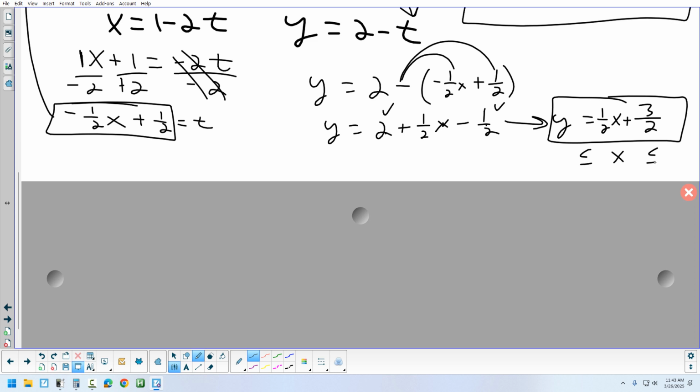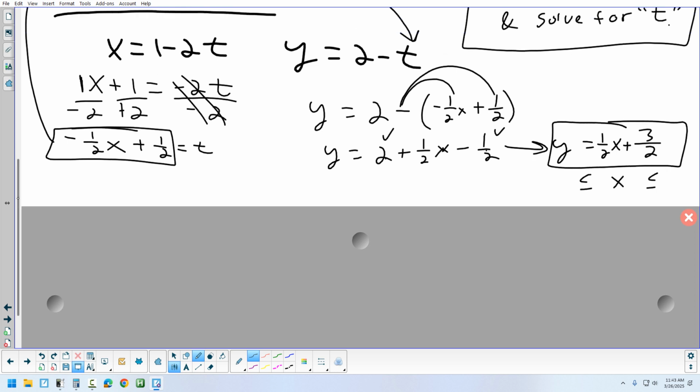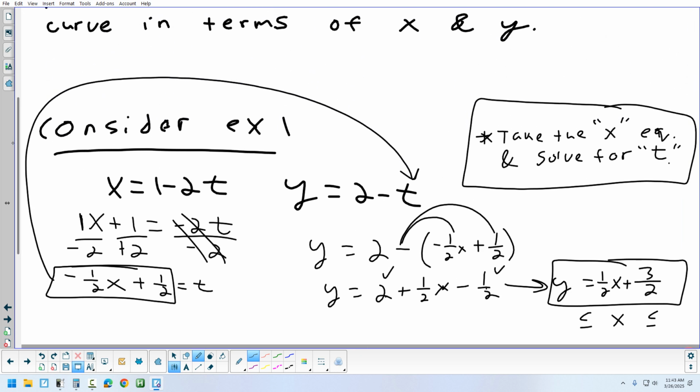How do we figure out where to start? Well, when we did this problem, does anybody remember what was the parameter from what to what? 0 to 1. I don't care about y. When we're describing where something is supposed to be graphed, we always describe domain. We don't describe range. If we fill in 0, that will tell me where I'm supposed to start and where I'm supposed to stop.